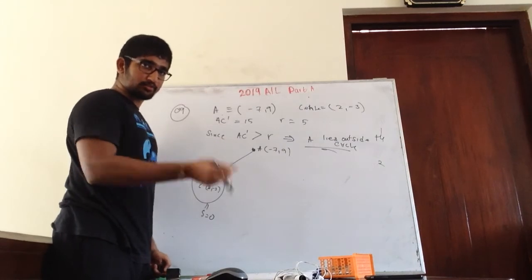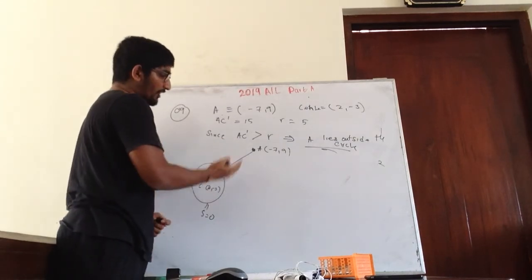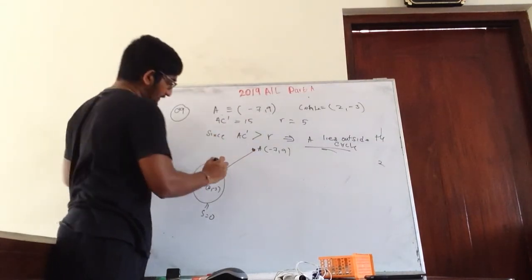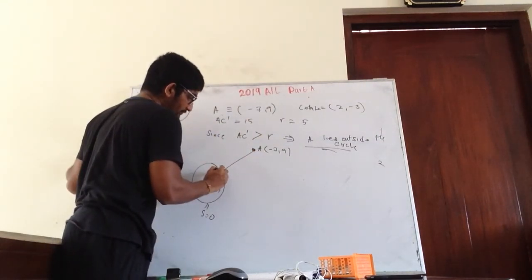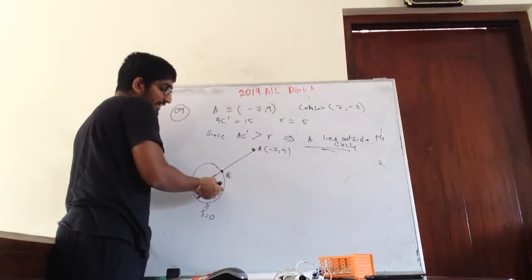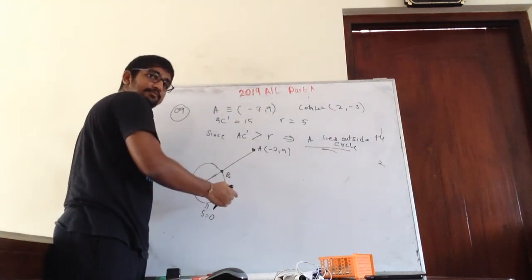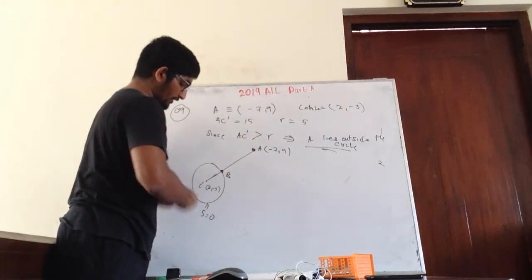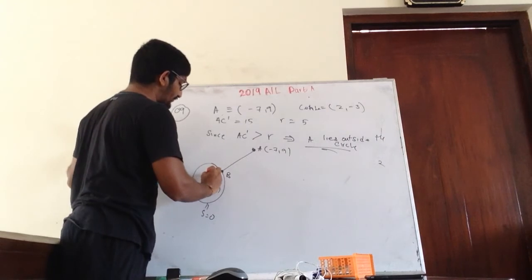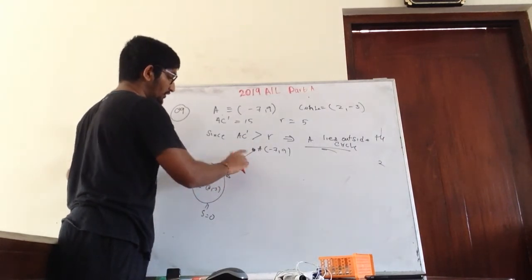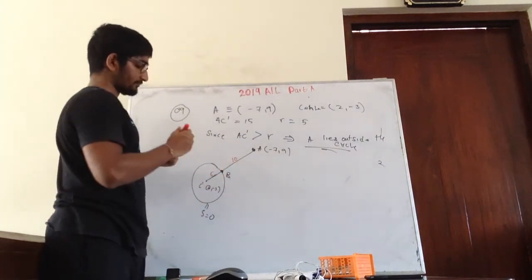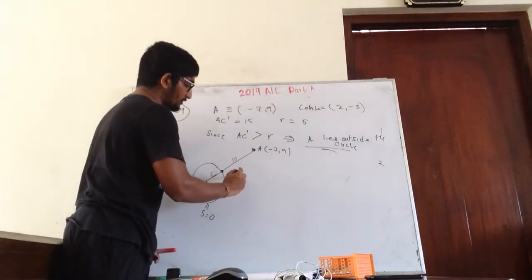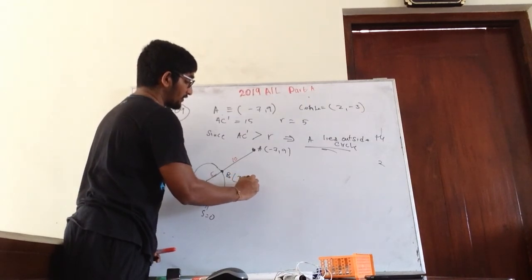That means that point should satisfy S equals 0. And what is the nearest point, or the shortest point? That lies here. I'll name that as B. So now if you take this point, the distance is larger. So we need to find B. So now here, what do we know? We know this distance is 5 and this distance is 15, so this is basically 10. Right? So we can find the B value easily now. It is xB, yB.